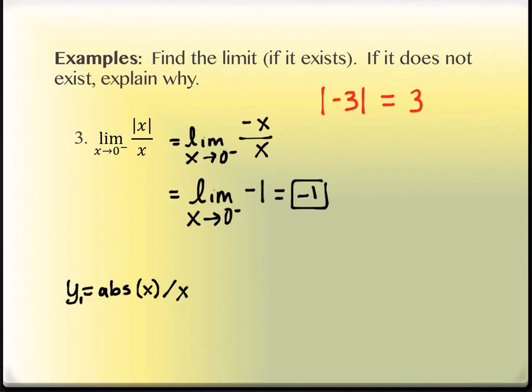Looks like that in Y1. And then just take your window and just use the standard. Actually, you know what? Let's not, because it'll be a little bit too far zoomed out to see it very well. Just hit window and go from -1 to 1 on the x-axis, and let's go from -5 to 5 on the y-axis. So that's under window.